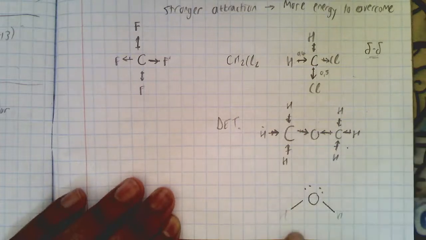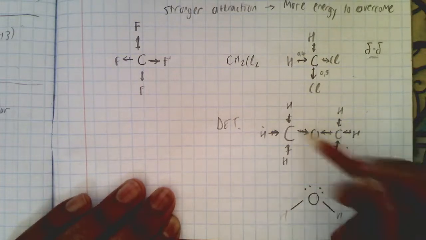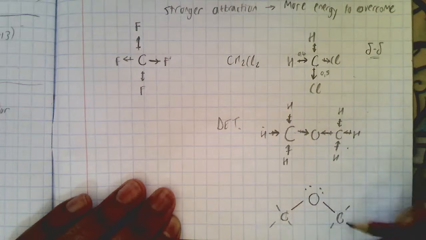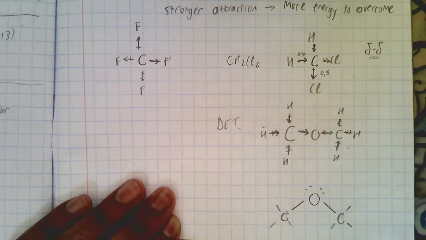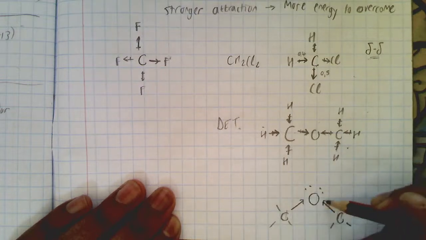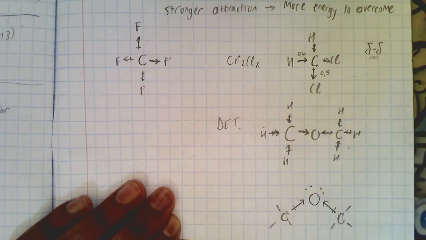I mean, water looks like this. In this case, instead of having hydrogens there, I've got this CH3 thing. So if I had to try and draw the shape realistically, it wouldn't look like it's in a straight line. It would have this bent shape around the oxygen. Do not forget the idea of these lone pairs.